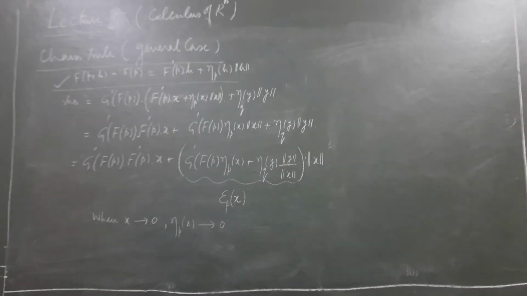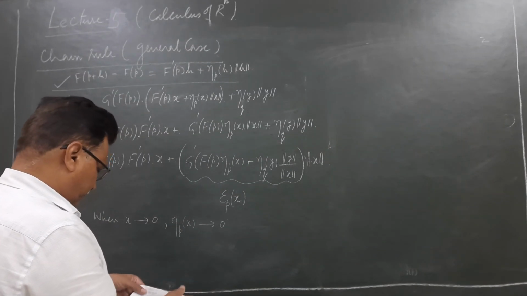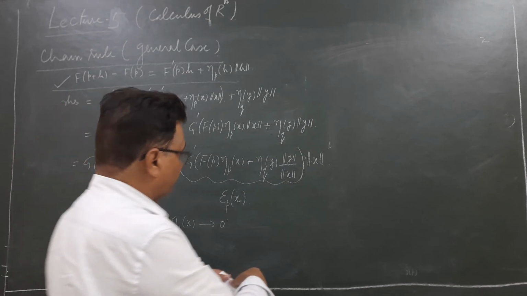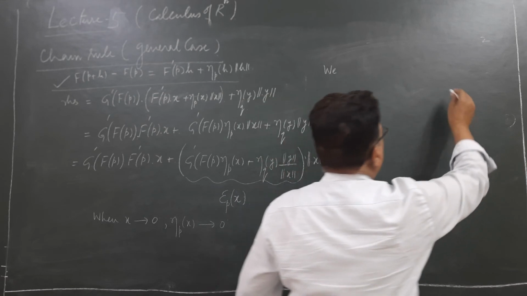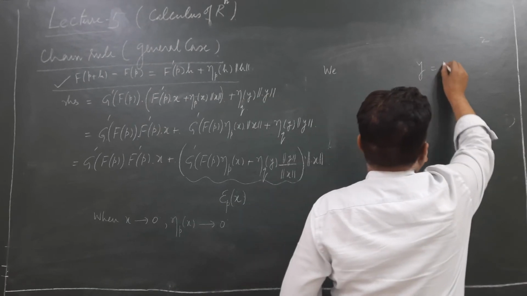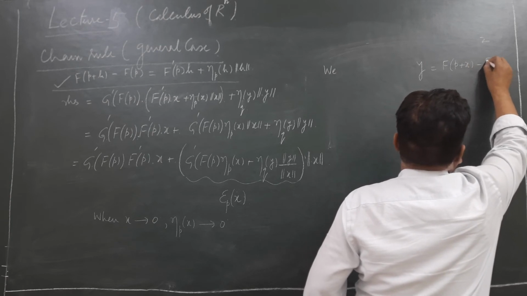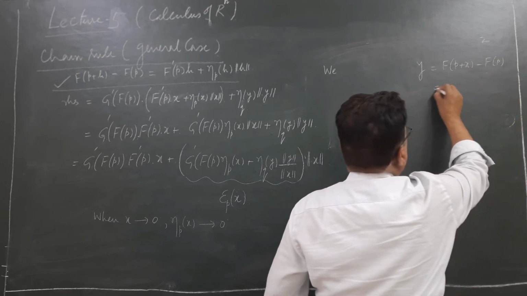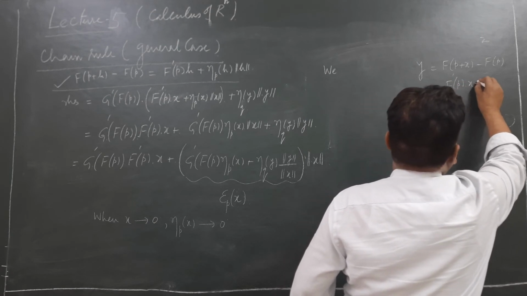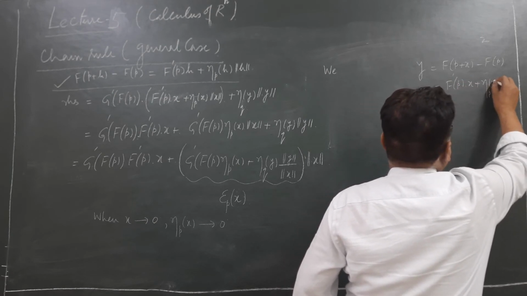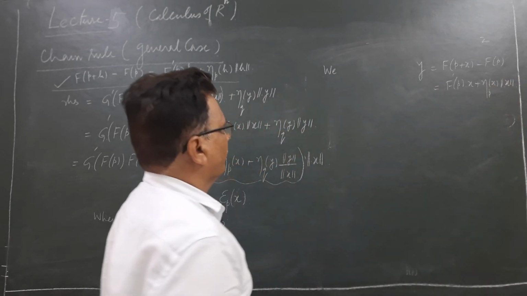Now, for that, what I have is norm of y. I know that. What is y? F of p plus x minus f of p, and this is equal to f dash p into x plus eta p x into modulus of x. This is y. Okay.